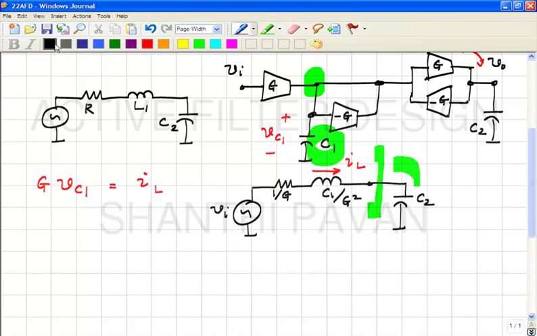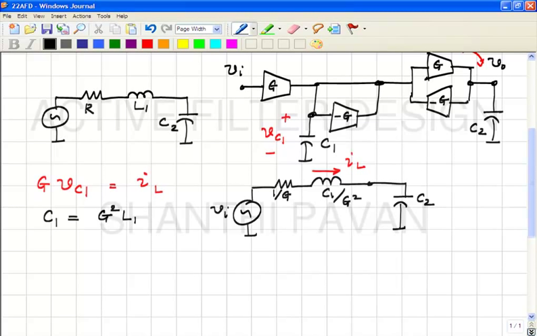So if you want the active network to emulate the passive network completely, then you want to choose C1 to be G square L1. Correct? This way the omega naught of both the networks is the same and the Q is the same.